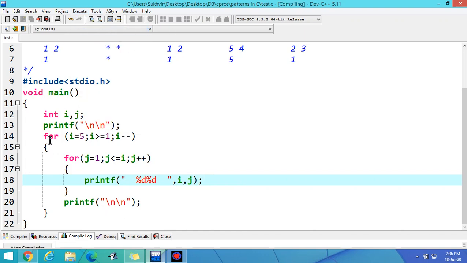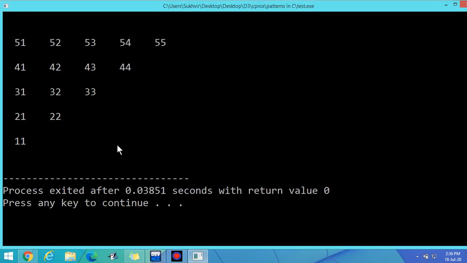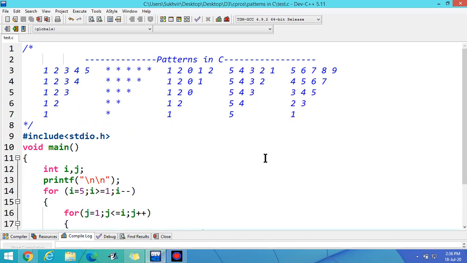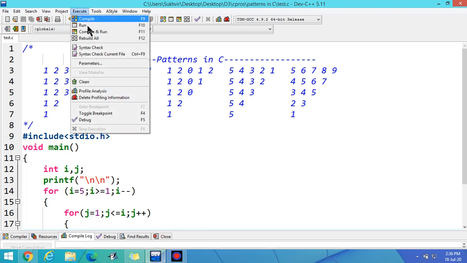Execute the program. Suppose this is the content: 5 1, then 5 2, 5 3, 5 4, 5 5, like this. Now the first requirement is 5, 6, 7, 8, 9, then 4, 5, 6, 7.